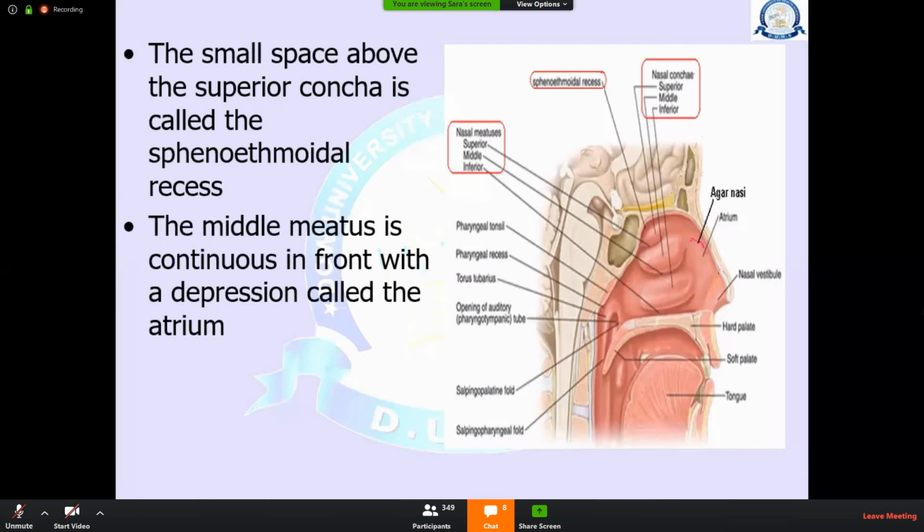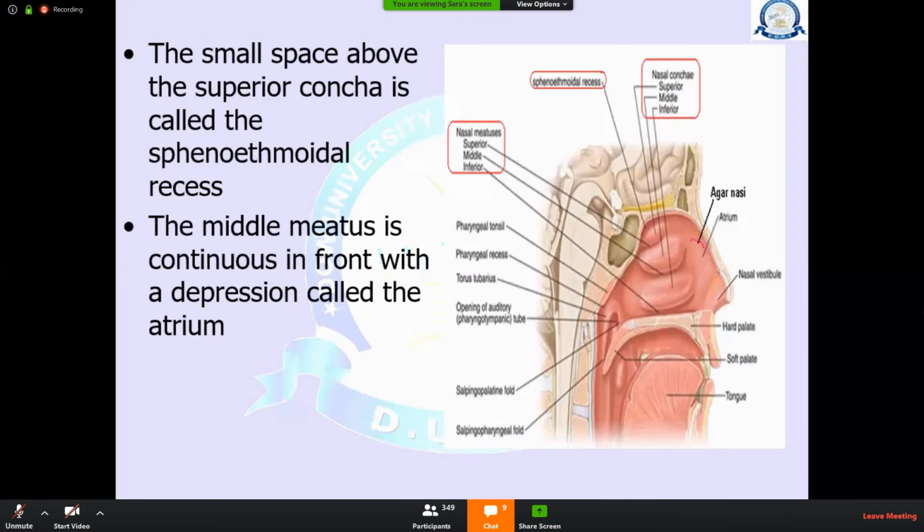This atrium lies in between the anterior aspect of the middle meatus and the vestibule. Again, the vestibule of the nose is the skin of the nose, which is slightly turned inwards, where you have the hair follicles of the nose. That is the vestibule.